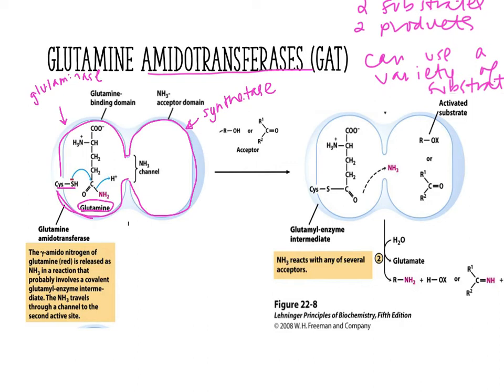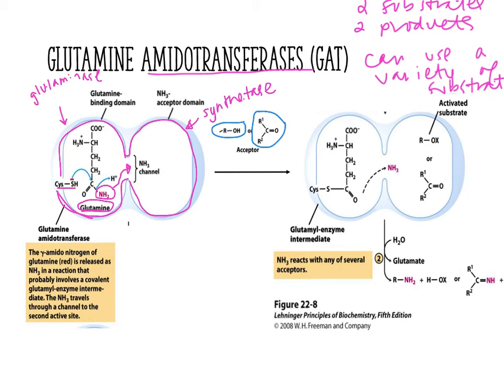And when the cysteine reacts with the glutamine, it releases an NH2, which becomes NH3 ammonia. And this ammonia travels through a tunnel. We're going to talk about this tunnel in a minute because it's so cool. It travels through this tunnel to reach the second substrate. Now, the only requirements of the second substrate are that it either has to have an OH group on it or a carbonyl group.